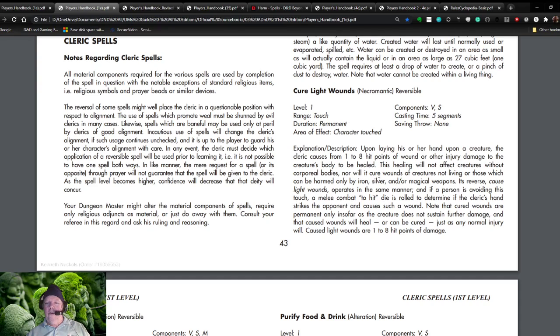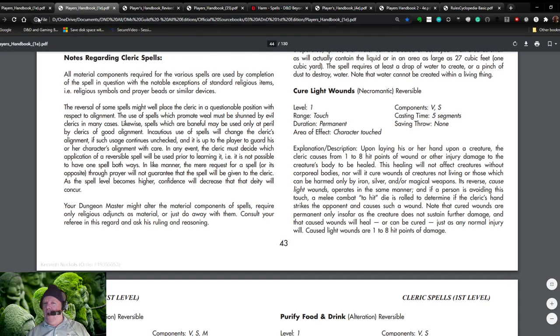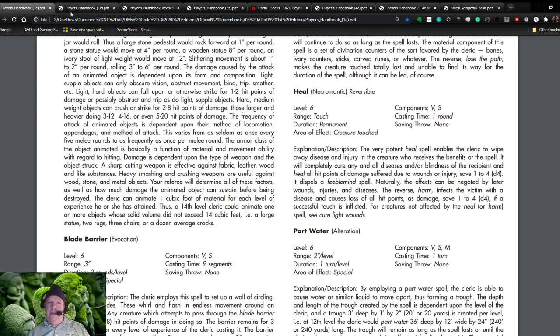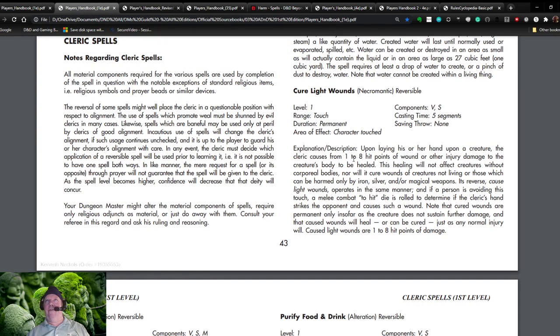Nor will it cure the wounds of creatures not living, so it won't affect undead, or those which can be harmed only by iron, silver, and/or magical weapons, so it won't affect lycanthropes. So that means that harm in first edition would not affect werewolves or other kinds of lycanthropes. You couldn't use it against them.